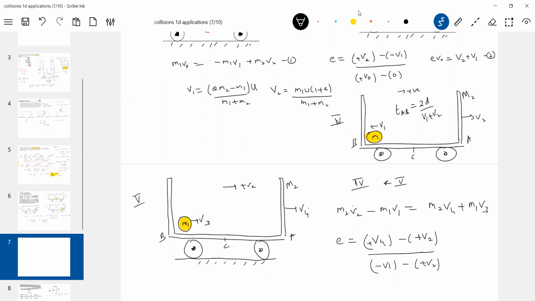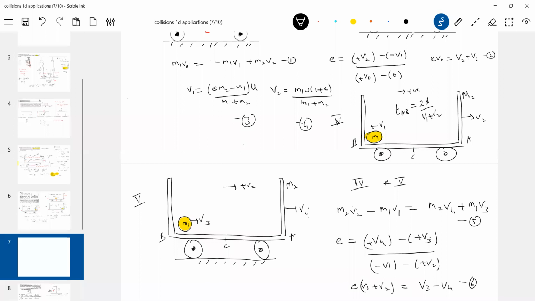Check symbols, it is very important. Yes, this is V3. So negative sign is there. So E into (V1 plus V2) we can write as V3 minus V4. That negative sign. So this is equation 2, 3, 4, 5. This is 6.